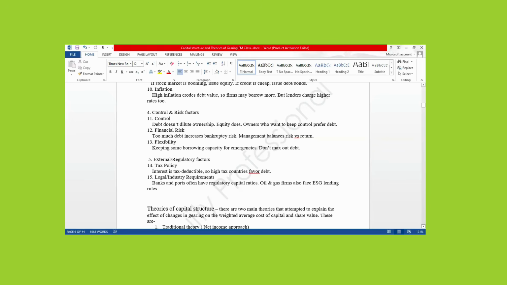Lastly is legal or industry requirements. For some companies, the law regulates the amount of capital to use.